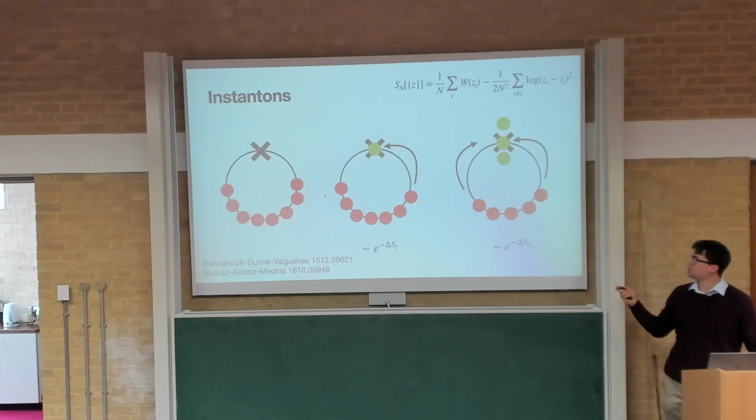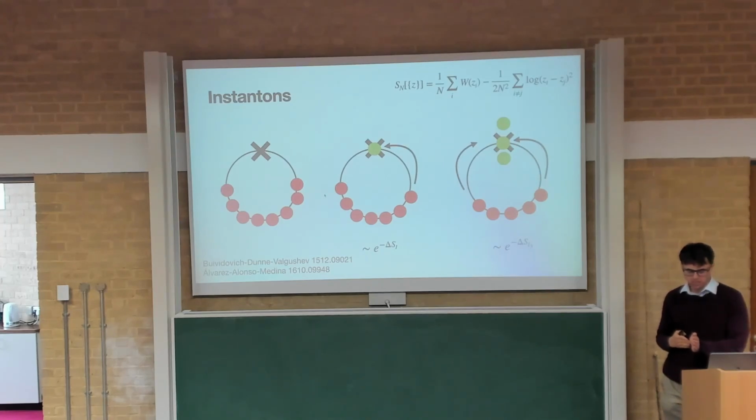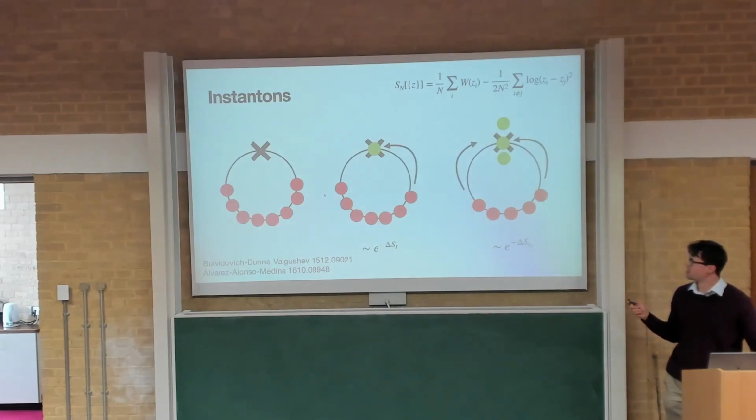But if you treat these eigenvalues the same as other eigenvalues, just extended to the complex plane, then you can do the same calculations with the action, you can use all the same tools. And so that's how instantons are described in this matrix model.